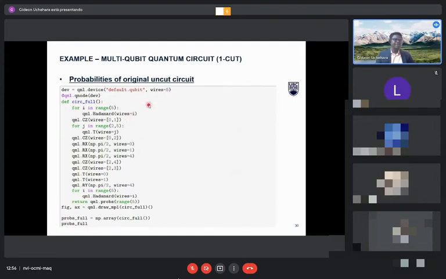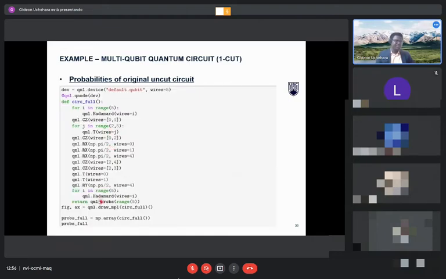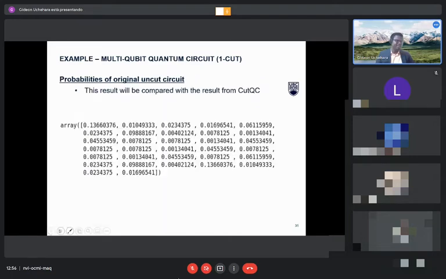First, let's inspect what the outcome of this would be if we had an ideal quantum computer that can run 5 qubits. In this case, it's very simple because we can do that using a simulator. This is a quantum circuit that I defined, and if we run this using the QNode and the device, we are going to get this probability distribution here.